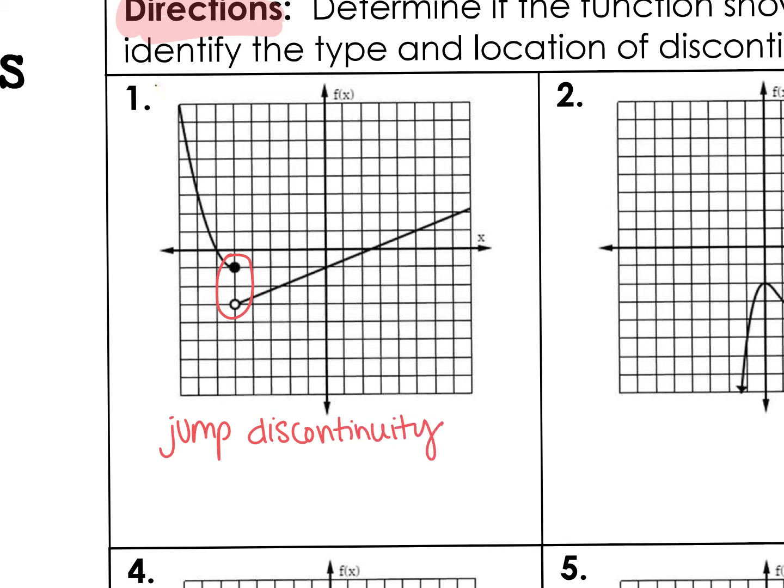And we have to tell what the location of the discontinuity is. And the location is going to be the x value of that point, which is at 1, -1, -2, -3, -4, -5. So the discontinuity is at x equals -5, and it's a jump discontinuity. We're jumping from this value to this value.